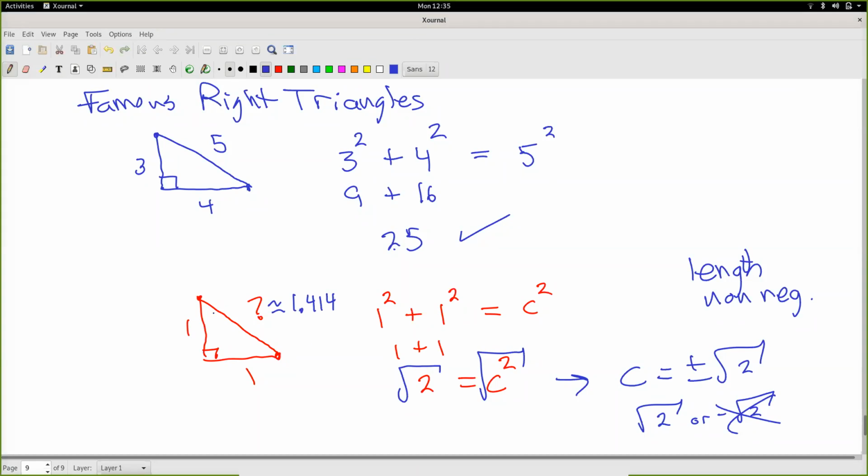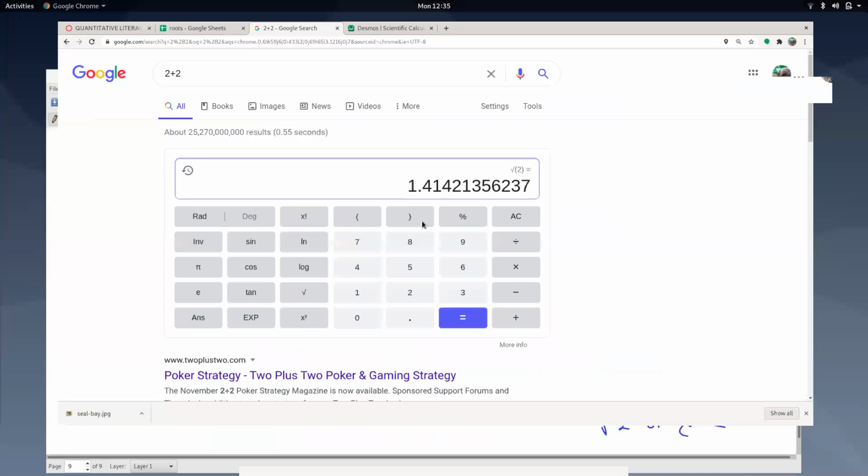What that tells me is if I have a right triangle and the legs are the same length, then the hypotenuse is going to be about 41% longer than either of the legs. Okay, so those are a couple of famous Pythagorean theorem results. All right, let's get into the lesson, and then after that we'll jump into the homework.